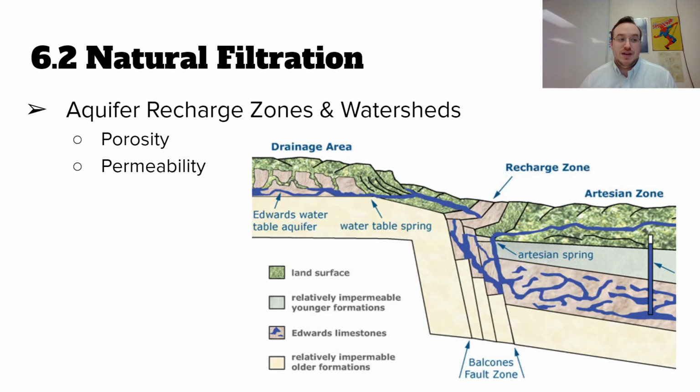The image below me shows the Edwards Aquifer recharge zone, and it shows what it labels a drainage area, a recharge zone, and an artesian zone. So the drainage area is where water mainly seeps into this underground water table, and as we see it move across the image, that water table actually changes elevation.